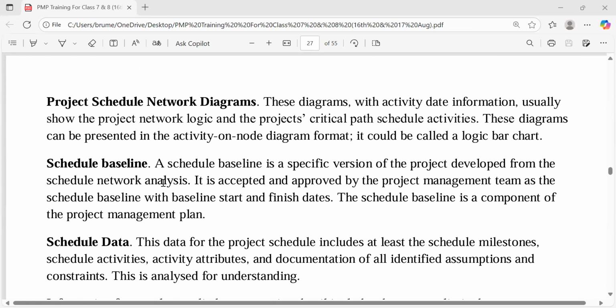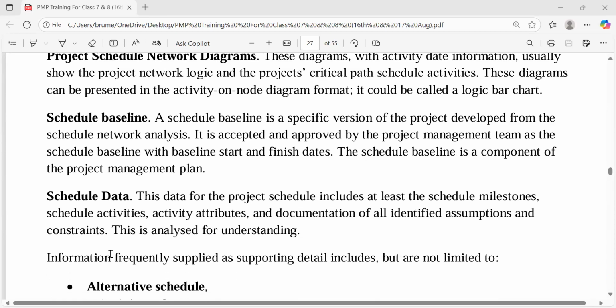A schedule baseline is a specific version of the project schedule developed from the schedule network analysis. And why is it a baseline? Because it has been accepted and approved by the project management team as what would guide the project timeline. So that is that.